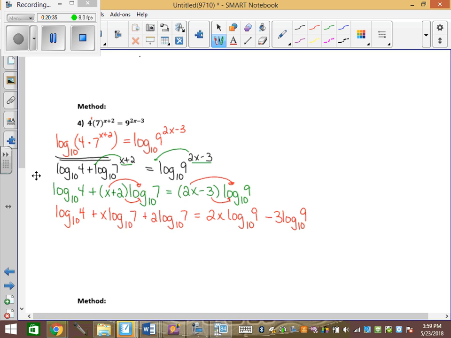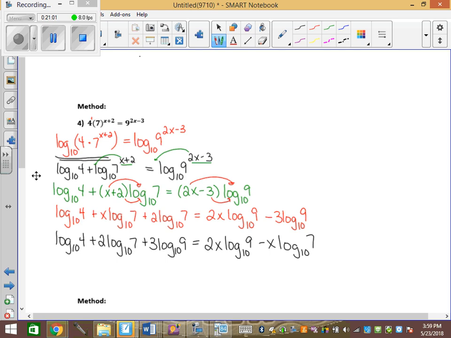So I'm going to move this x log 7 to the right and the negative 3 log base 10 of 9 to the left. So I'm going to get log base 10 of 4 plus 2 log base 10 of 7. I'm going to add the 3 log base 10 of 9 to this side. And then on this side, I have 2x log base 10 of 9, and I'm going to subtract the x log base 10 of 7.